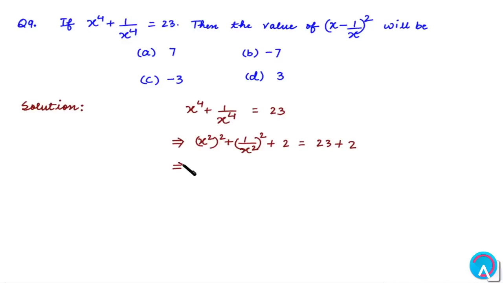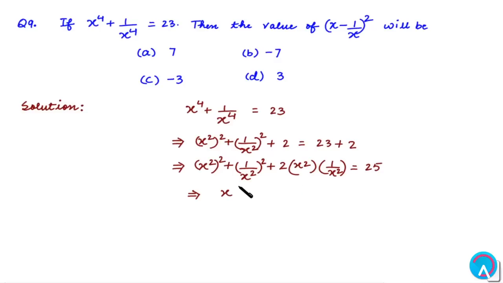So now we can write this as x square whole square plus 1 by x square whole square plus twice multiplied with x square multiplied with 1 by x square is equal to 25. Now this becomes the expansion for a plus b whole square. So this will become x square plus 1 by x square whole square is equal to 25.